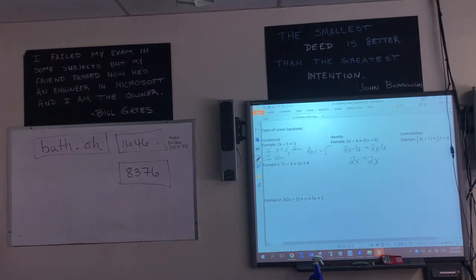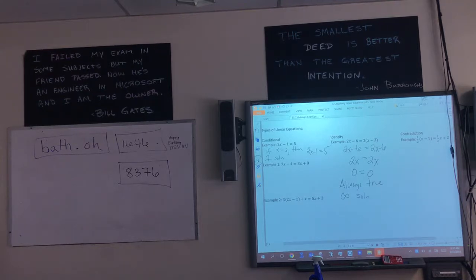Even if I go a little bit further, subtract 2x from both sides, I get that. Hopefully you understand that 0 is always 0, right? This is always true. Basically meaning we have an infinite number of solutions.